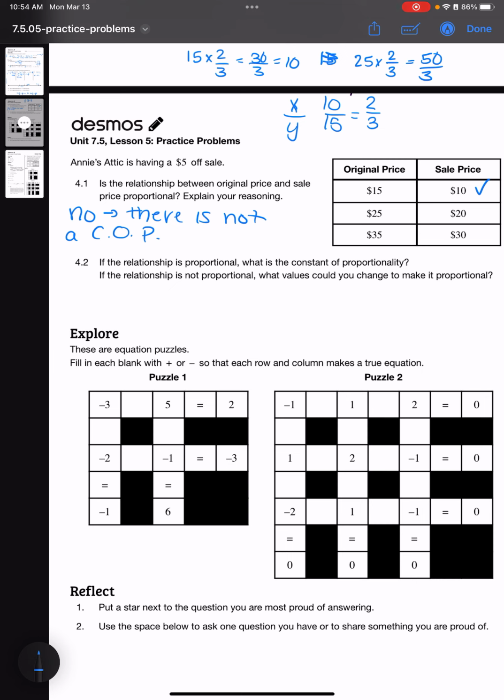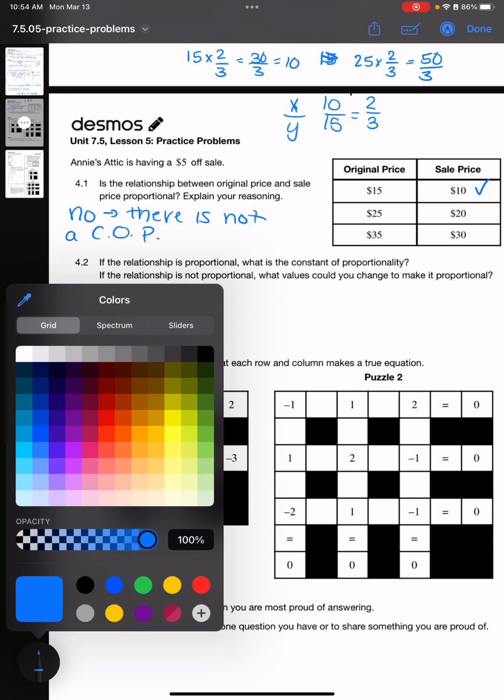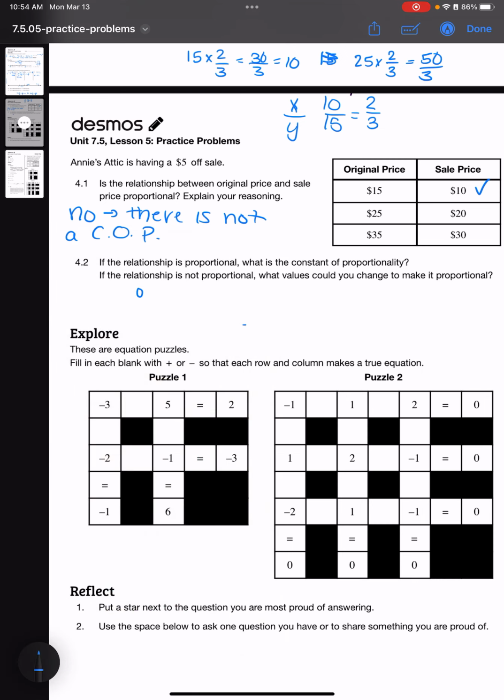So let's rewrite the whole thing. So original price and sale price. So let's do 15, 25, and 30.